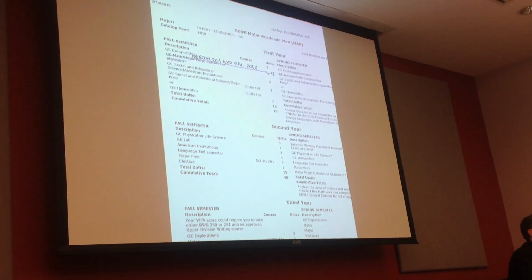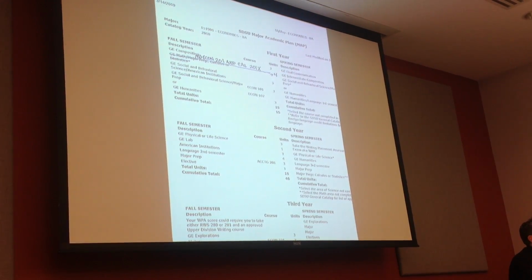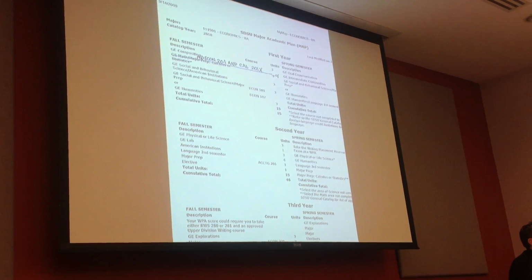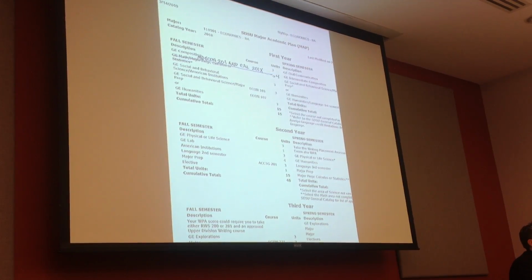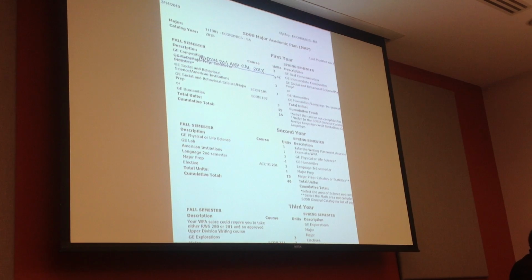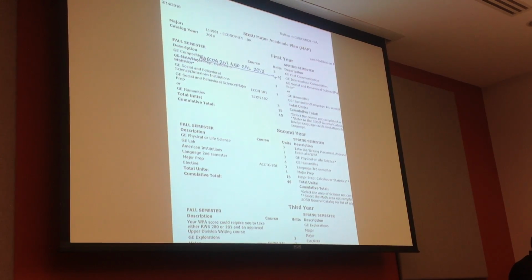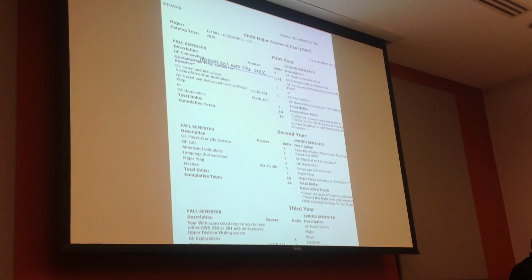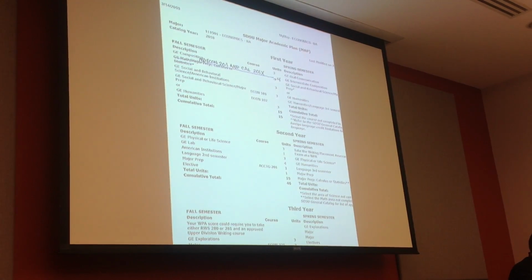Yes? Why do Calc and Stat show for the GE Math and not Econ and Calc? Why do we have to change it and it doesn't already come with that major? For example, for the major Econ, it already comes written that they have to do Calc or Stats for the GE Math part on the primary.